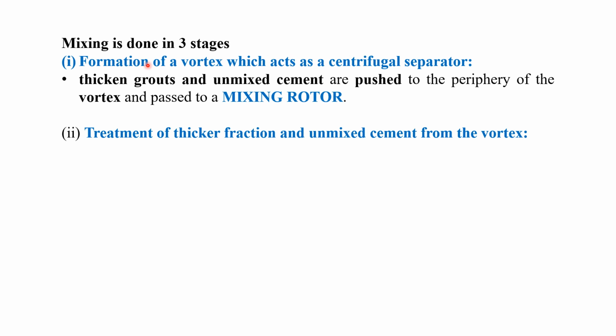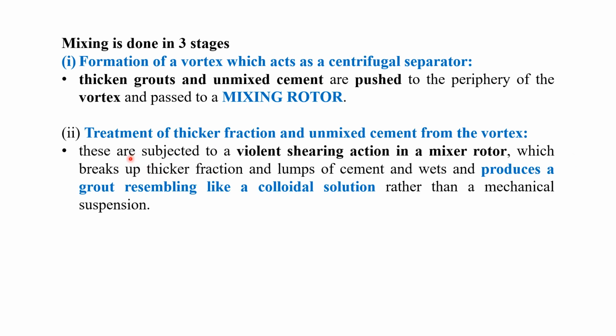So first we have to form the vortex motion, right? Vortex means a centrifugal force is there. Vortex is also called whirling motion or spinning motion. So first we have to create the vortex motion. Then the next stage is treatment of thicker fractions and unmixed cement from the vortex.